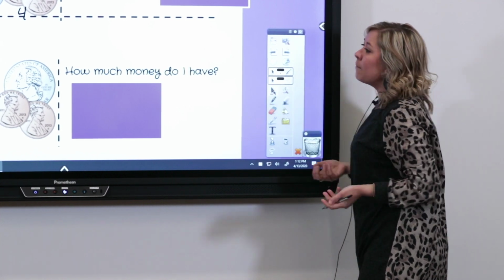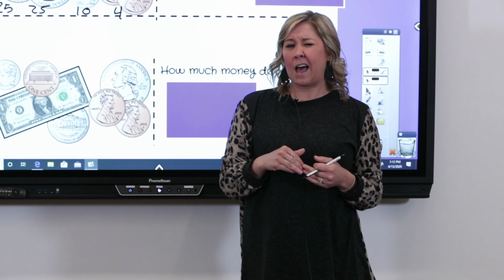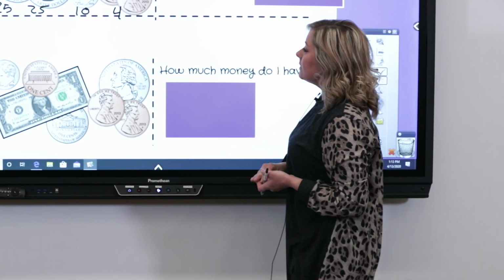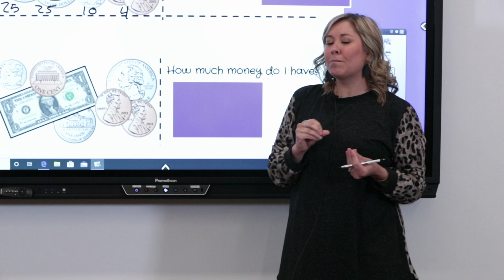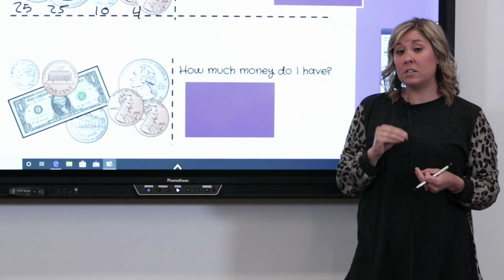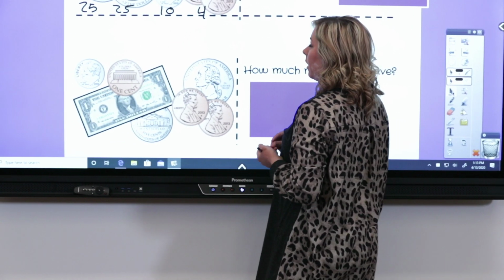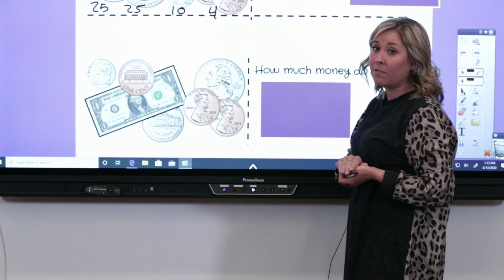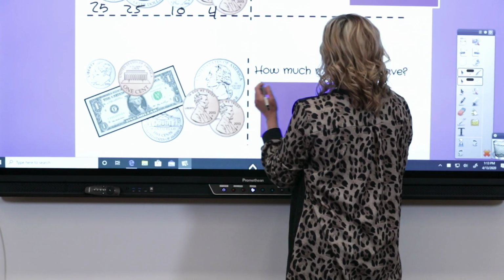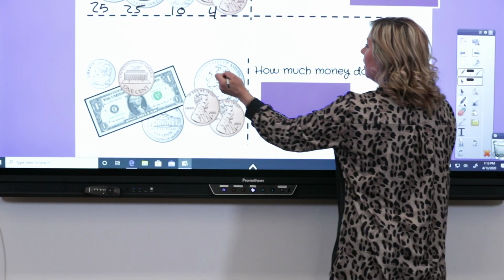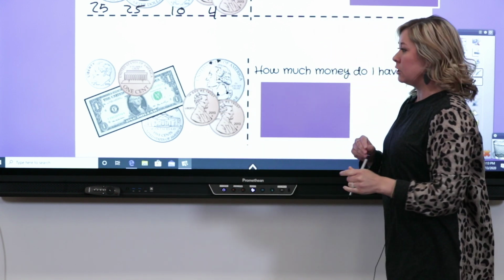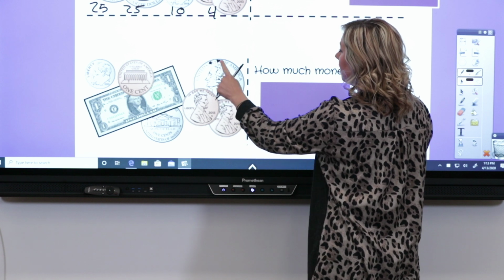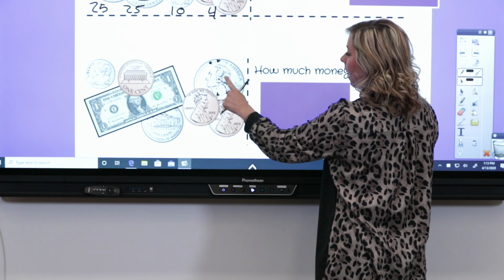And for this one, I'm going to use some touch money to help me count it. So I see $1, so right away I know I have $1. I'm going to start with my largest value coin first, and that's my quarter. If I don't know that's 25, but I have my touch points on here, I can count my touch points. 5, 10, 15, 20, 25.